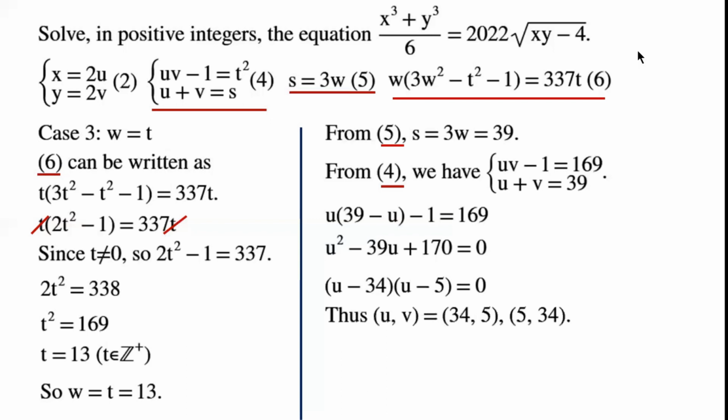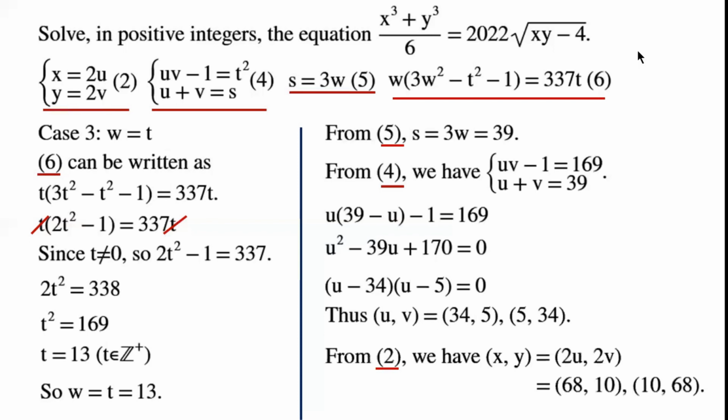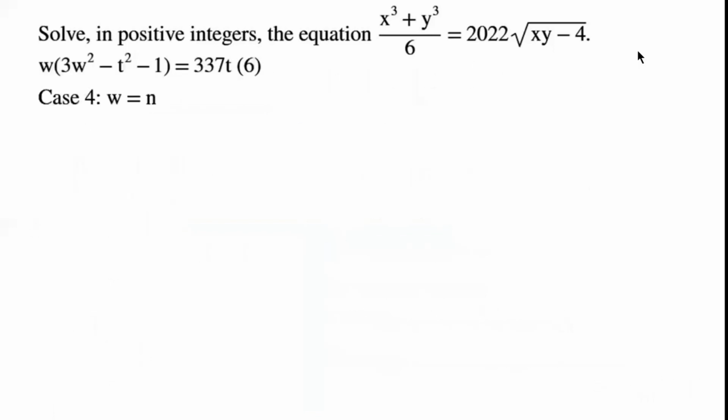Thus, (u, v) equals (34, 5), (5, 34). From equation 2, we have (x, y) equals (2u, 2v) equals (68, 10), (10, 68).